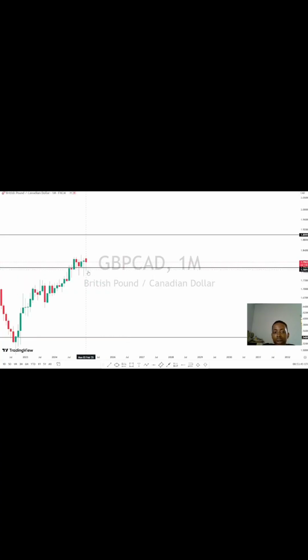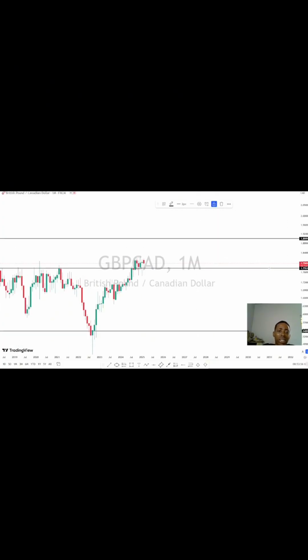This candle has not yet broken or even tried to close below here, and we still have almost 6 days 14 hours. So for me, I'm highly confident that this market is bullish.